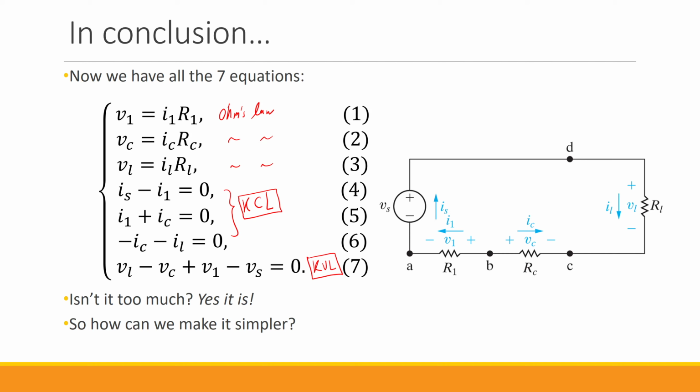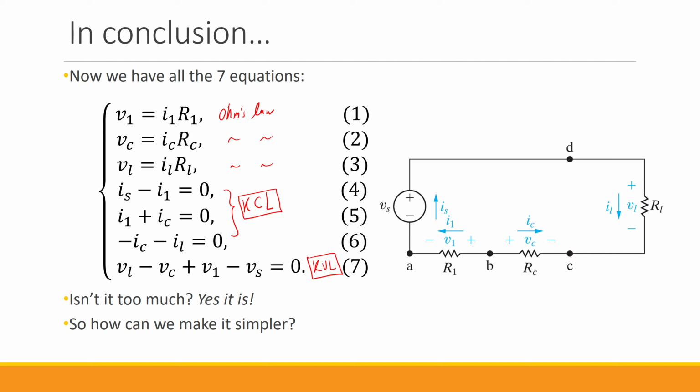So to solve this very simple circuit that contains one independent voltage source and 3 resistors, we need to have 7 independent equations for it to be completely solved. But you might look at the circuit and think that is too much for a very simple circuit, right?